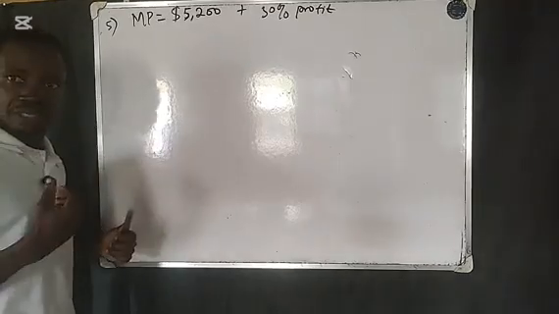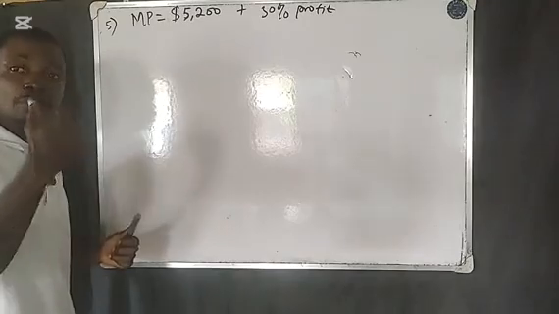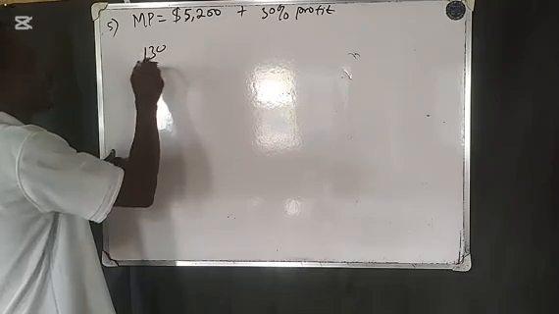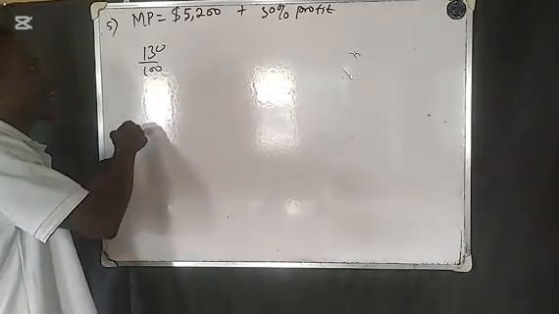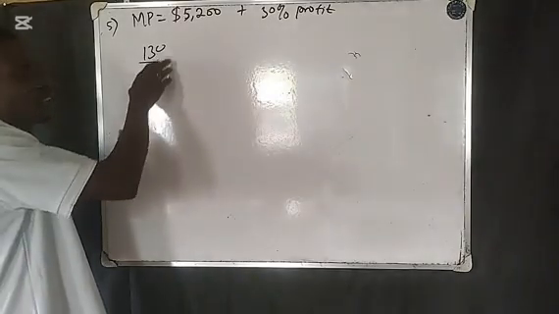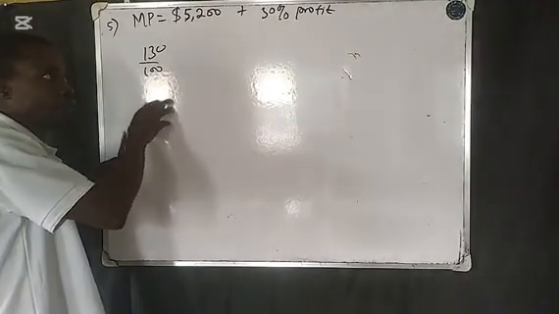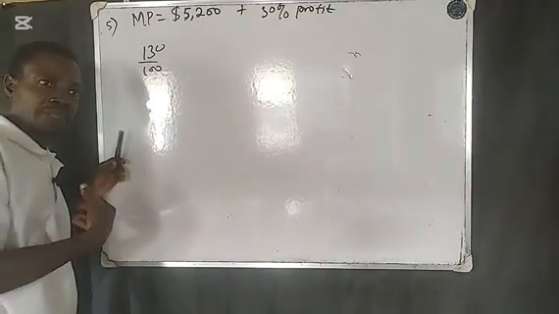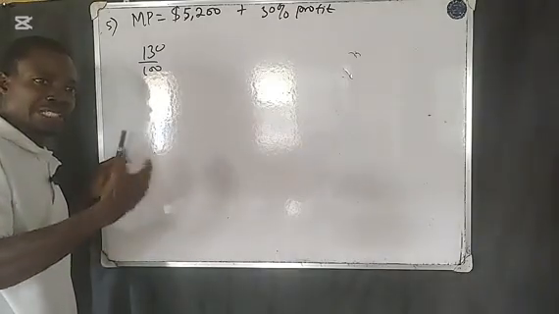So 30 plus 100 becomes 130/100. That is 130%. 130% means 130/100 because we are going to add 30 plus the 100 of the cost price. I buy something, I am not selling it for less, I'm selling it for more than I bought it.